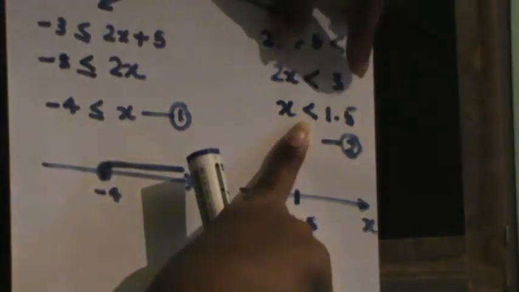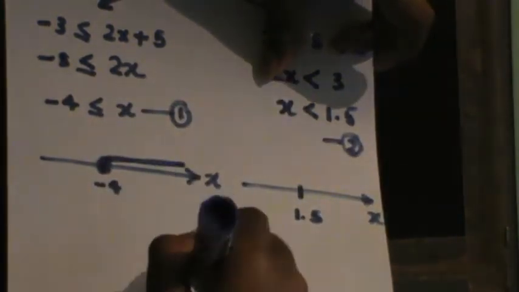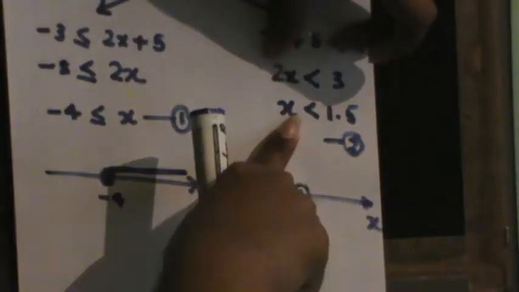And for the second inequality, x is less than 1.5. So in order to find the range, first of all I have to take some point as 1.5 here. Since x is only less than 1.5, and since there is no equal mark, I have to draw only an uncolored circle. Since x is less than 1.5, I have a right limit here, I have no left limit, because I am decreasing the values of x here.